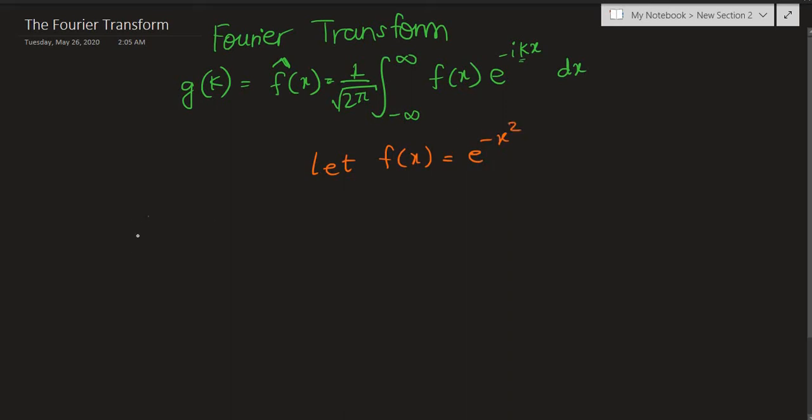So when we find the Fourier transform of f of x, it is 1 over square root of 2 pi times the integral from negative infinity to infinity of e raised to negative x squared times e raised to negative i kx integrated with respect to x.